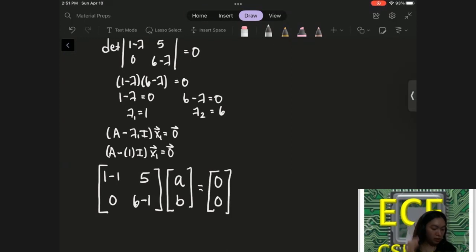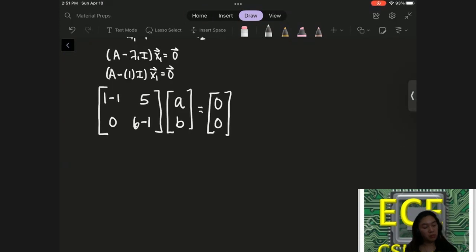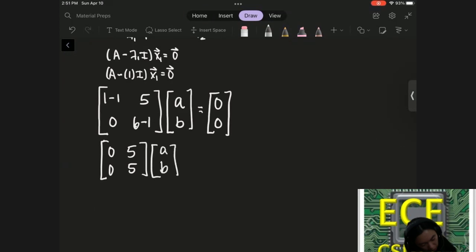You can see that this is just a system of equations. Let me simplify it first. This is 0, this is 5, this is 0, this is 5, times A, B equals 0, 0.